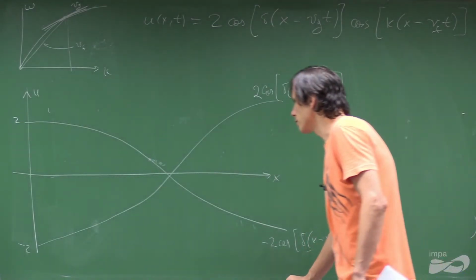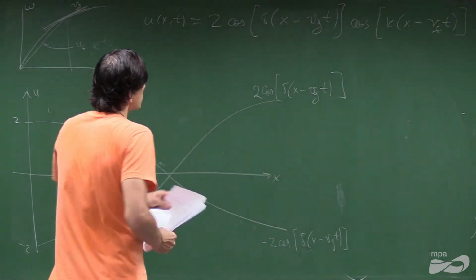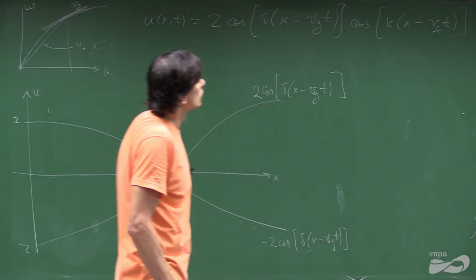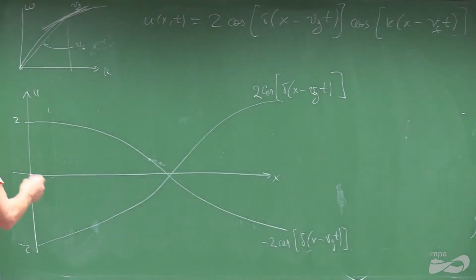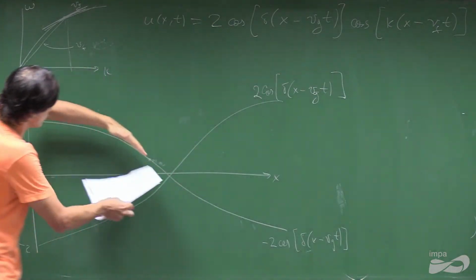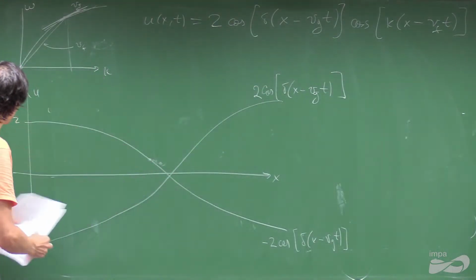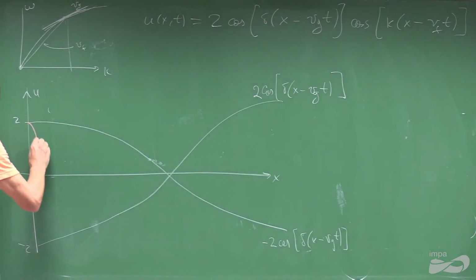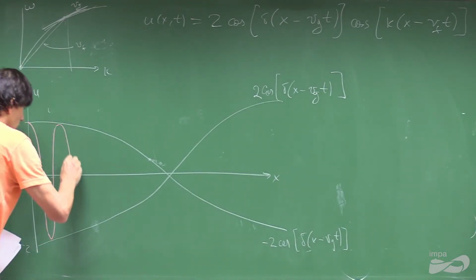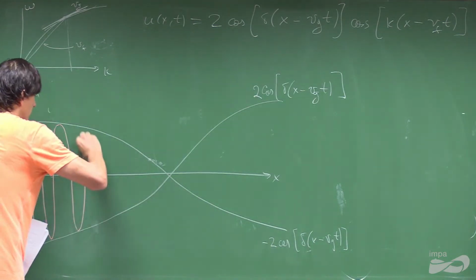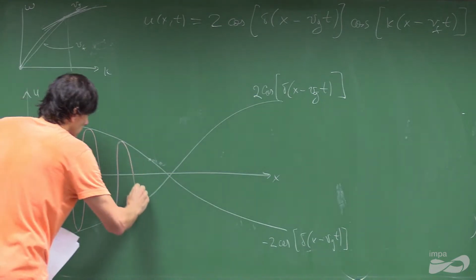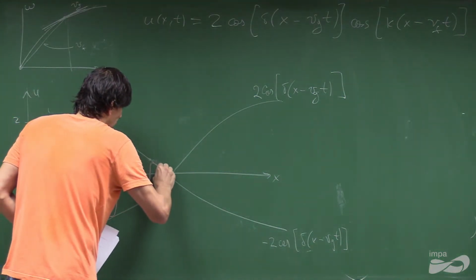And now we know that this cosine is multiplied by another cosine, which is changing fast. So the product cannot go outside what's called the envelope. The other cosine will oscillate much faster, but it will be limited by this envelope.